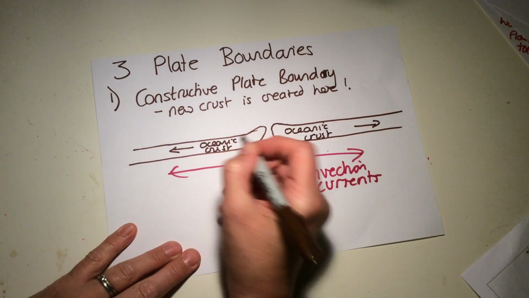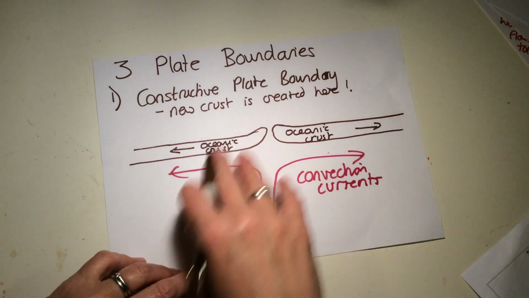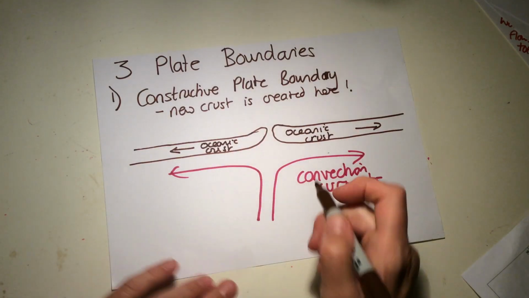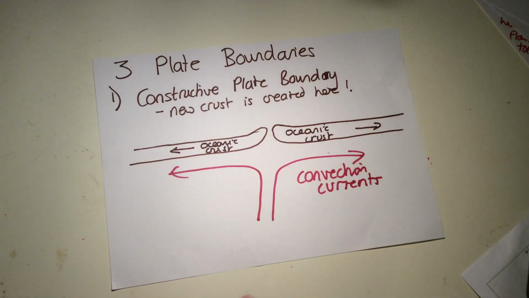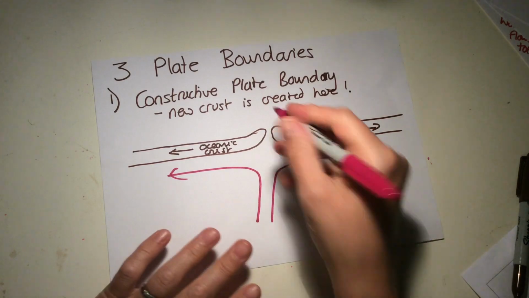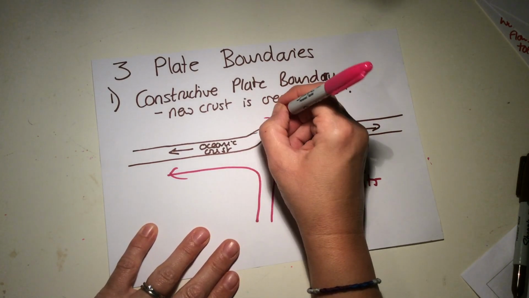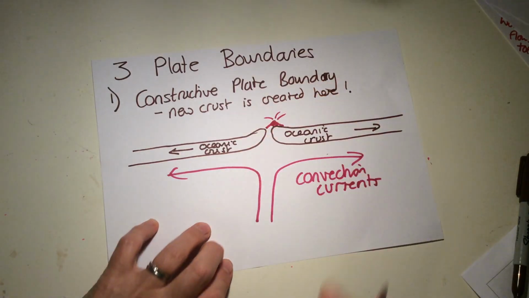As they pull in opposite directions, this warm magma, this melted rock underneath, can rise up through the gaps created to form, what do you think? Correct, volcanoes. So we are going to see volcanoes in this situation.